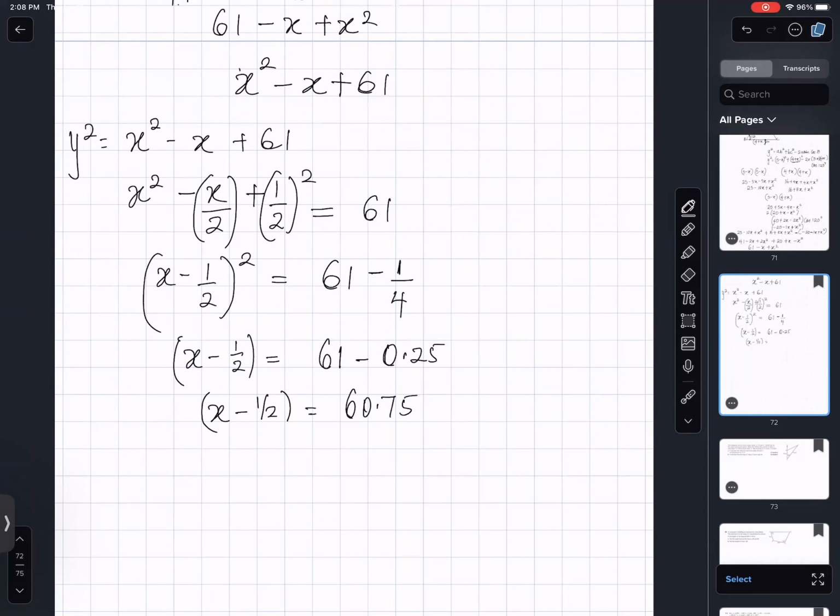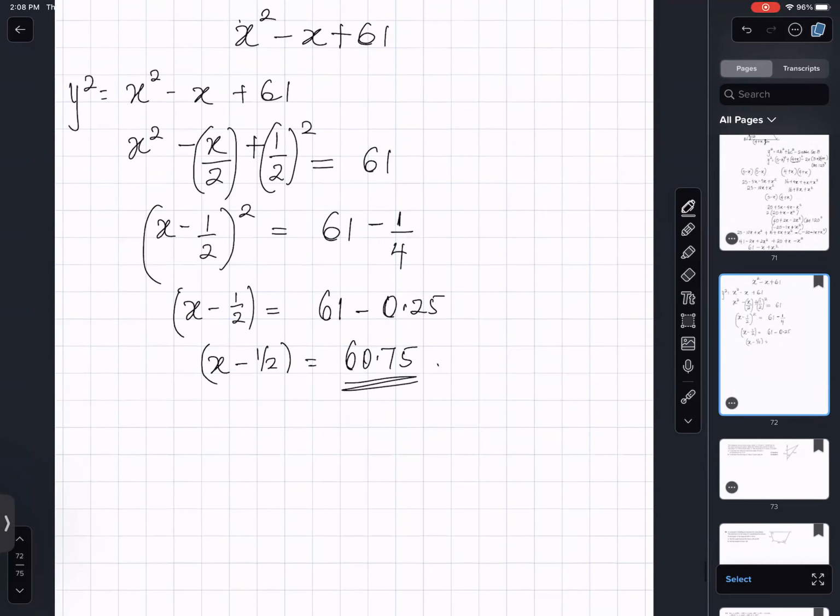So that is the minimum value of y squared we are having. So y squared is 60.75, and for that value, x is equal to half. So we have solved this question.